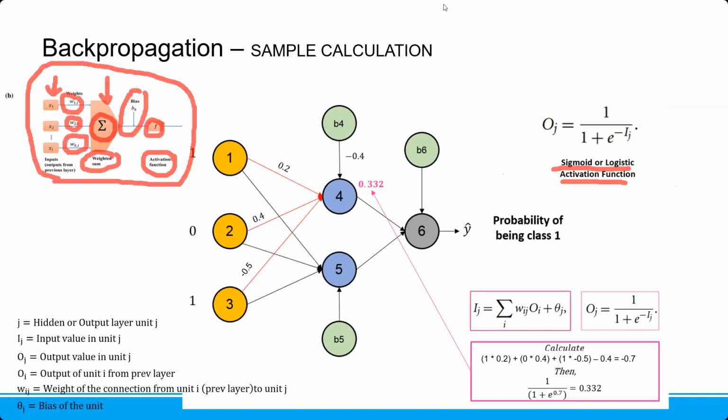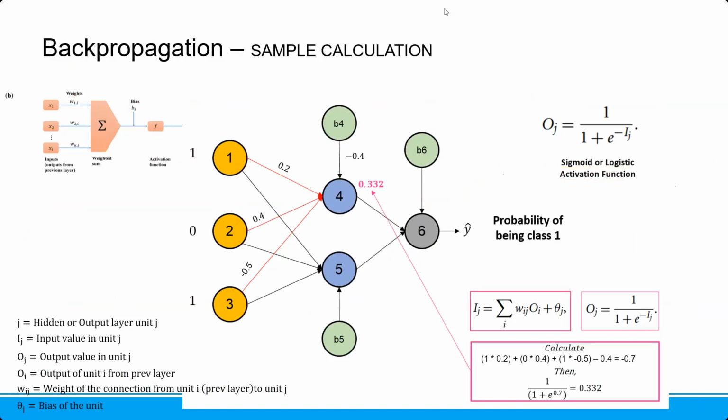Then first, let's do the weighted sum mechanism. In the weighted sum mechanism, I can just calculate: 1 is the input, multiplied by the weight, which is 0.2. And then plus 0 multiplied by 0.4.